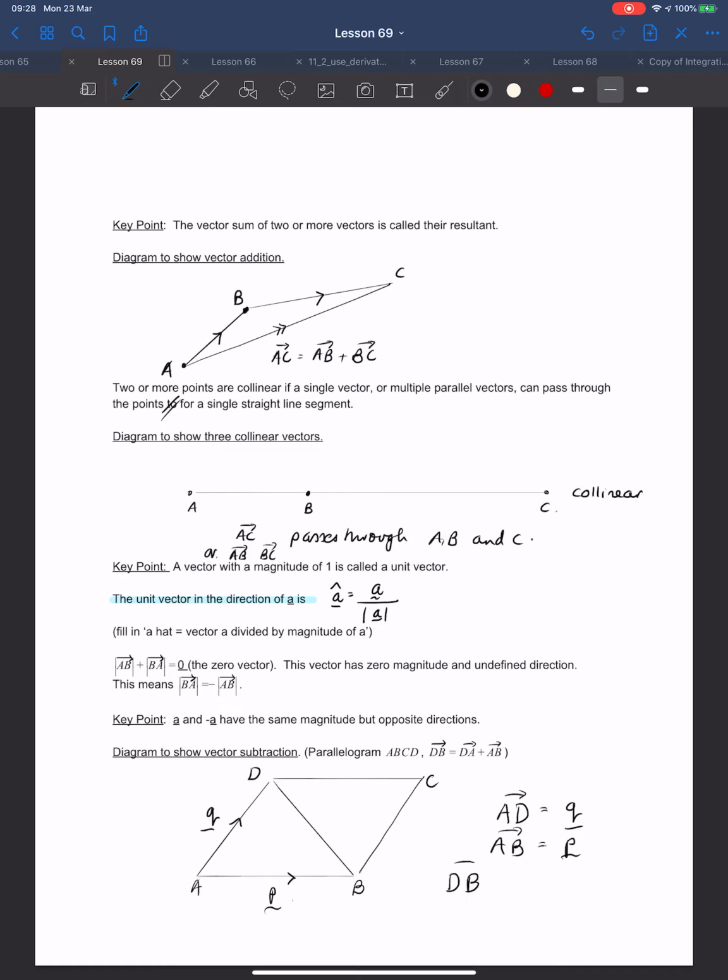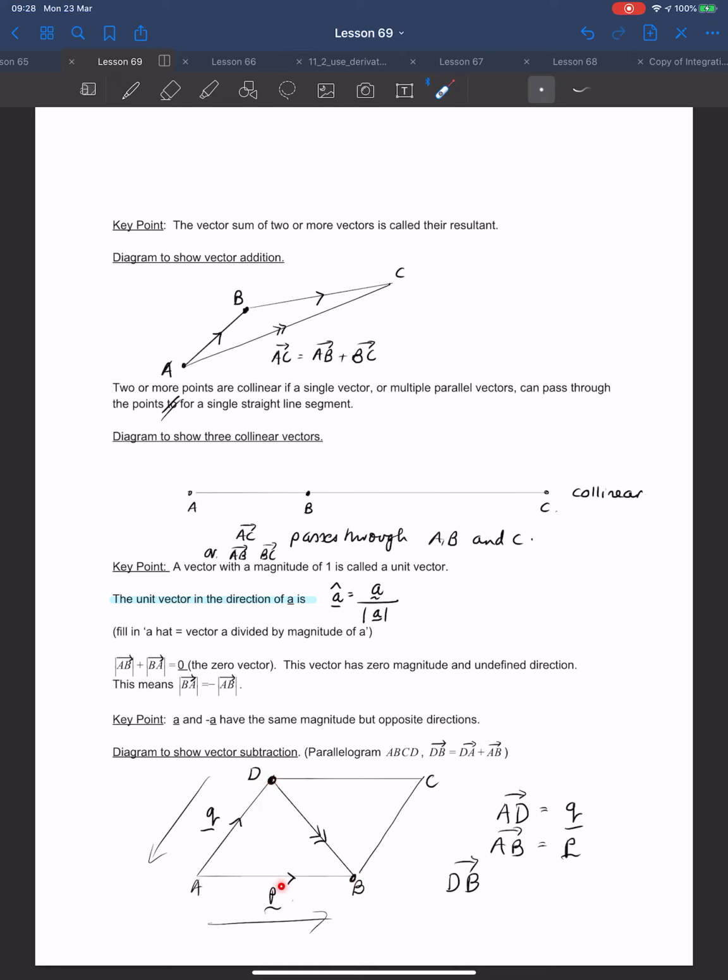D to B, if we want to start at D and end up at B, we've got to go back along this way and then this way. So to start at D and to get to B, we've got to go back that way and then add that one on.